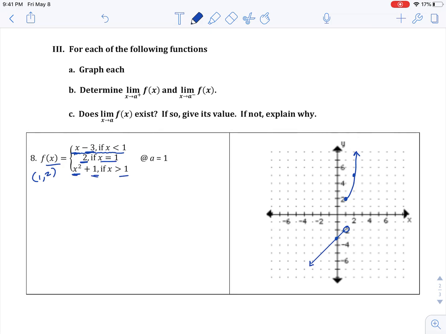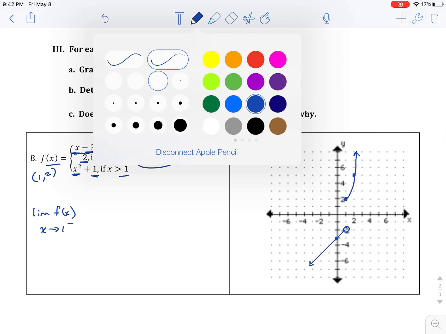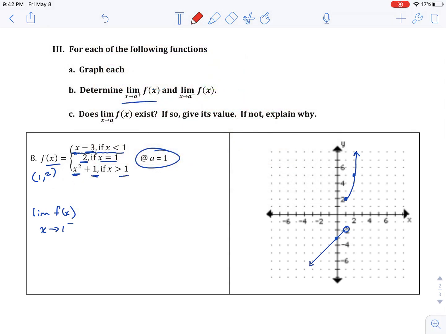All right, so now what I got to do is part B. So I got to figure out the limit of f of x as x approaches an a value. The a value they want me to use is 1 from the negative side. All right, so if I do a little test here, as I approach 1 from the negative side, it looks like I'm getting to a y value of negative 2.